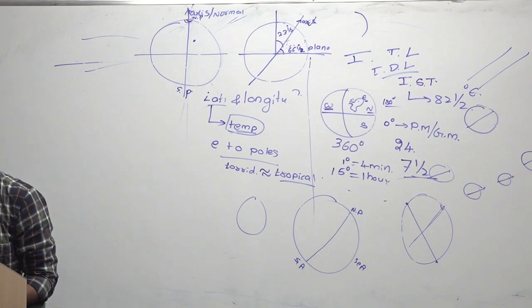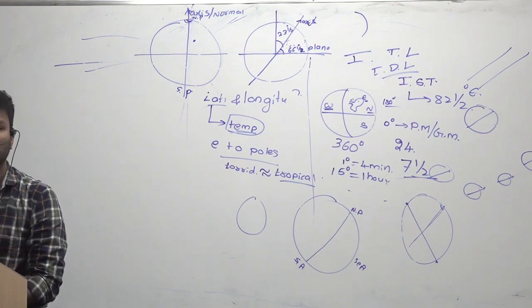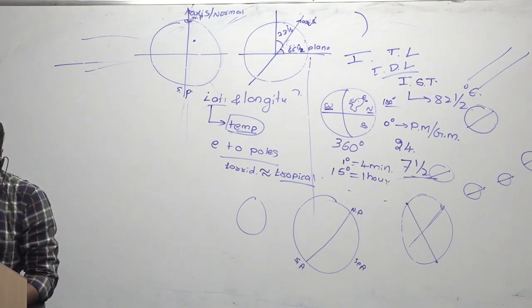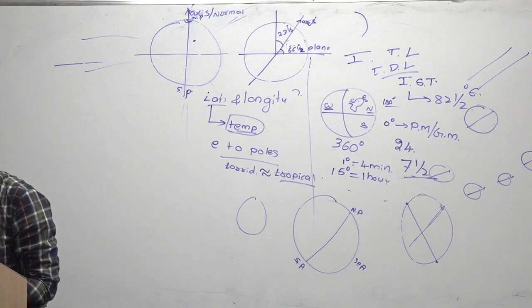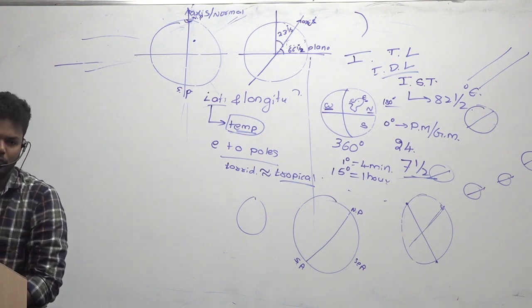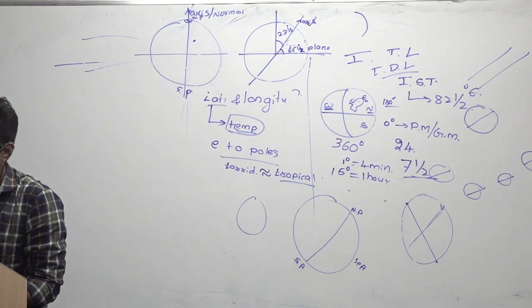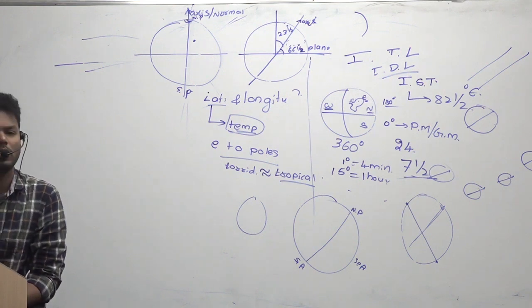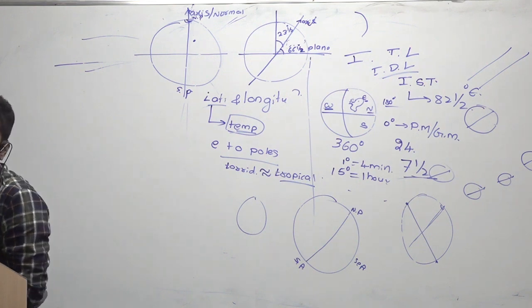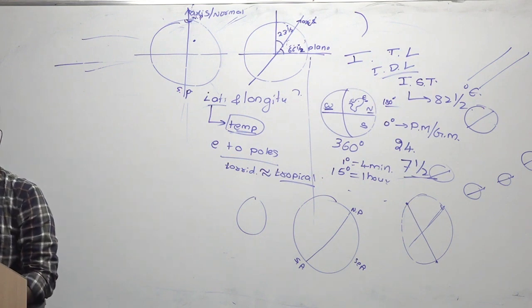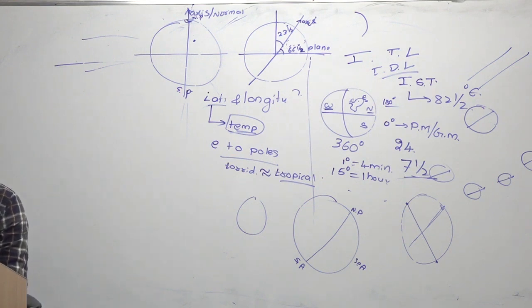Okay? The subsolar point. The subsolar point is at where? Tropic of Capricorn. The subsolar point is at the Tropic of Capricorn. Next.